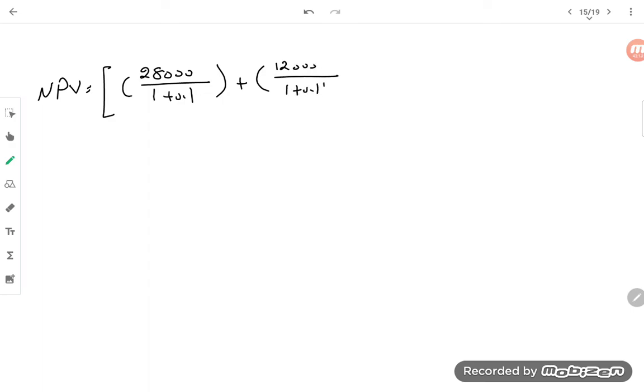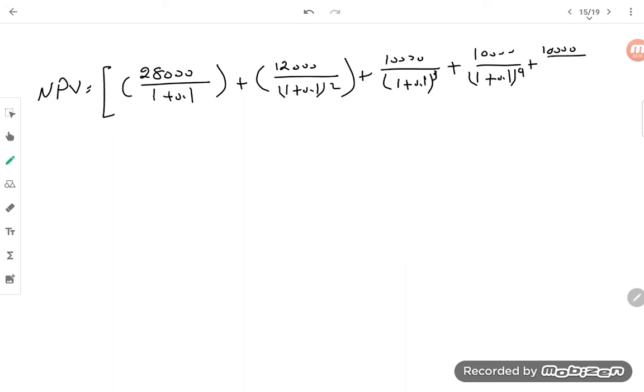With respect to the second project, we have to do the same. Net present value is calculated as 28,000 divided by 1 plus 0.1, plus 12,000 divided by 1 plus 0.1 to the power 2, plus 10,000, and so on, minus the initial investment, which is 45,000.